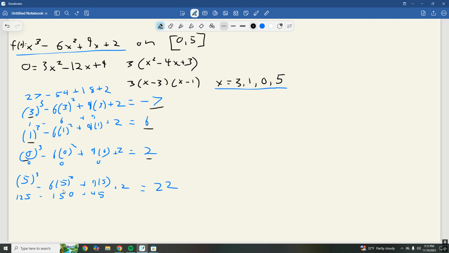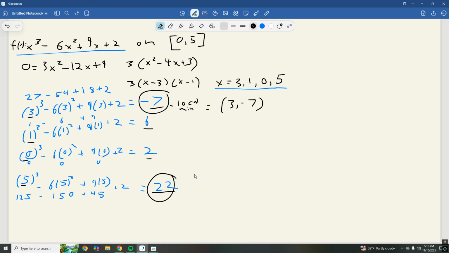Okay, so we have where our function is at. We find the minimum here, which is negative 7 in this situation, and then the maximum, which is 22. So our local min, or absolute min, whatever it's asking for, is 3 at negative 7.